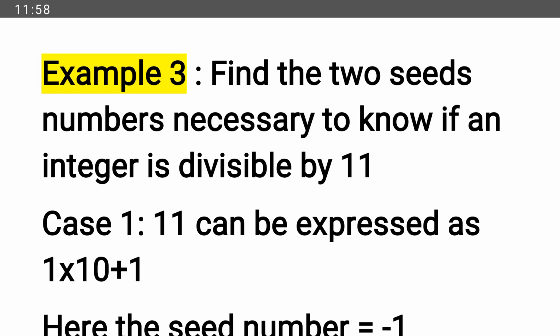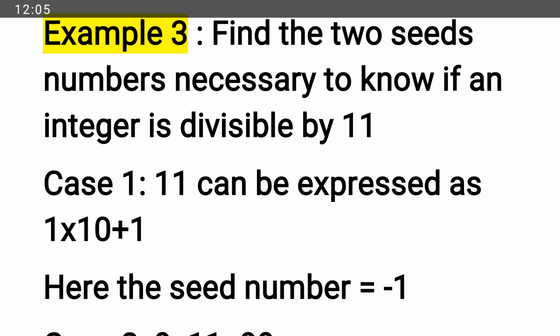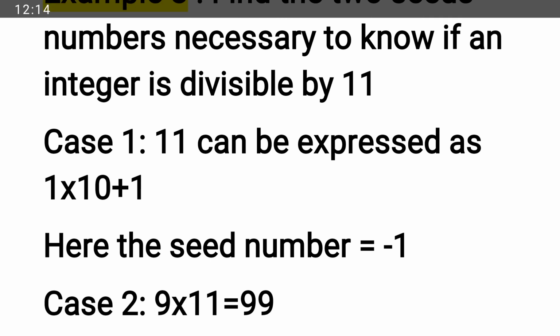Let's look at 11. Let's quickly find the two seed numbers necessary for 11. So we can express 11 as 1 times 10 plus 1. So the seed number for 11 is minus 1.